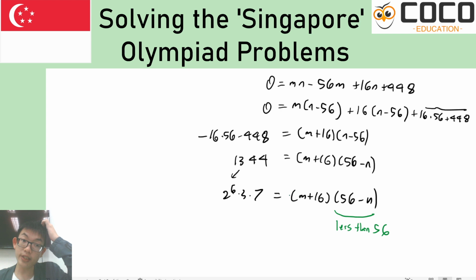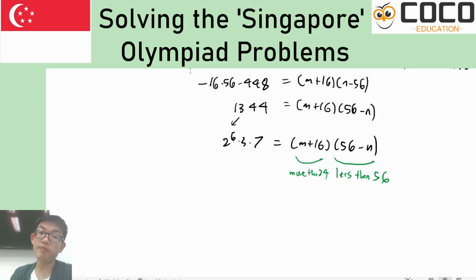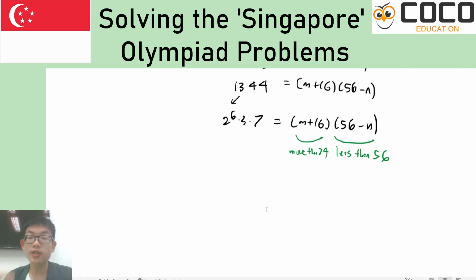And this value down here, if we divide it by 56, is going to be 24. So this is just anything more than 24. So all of your factors, the m plus 16 should be more than 24.